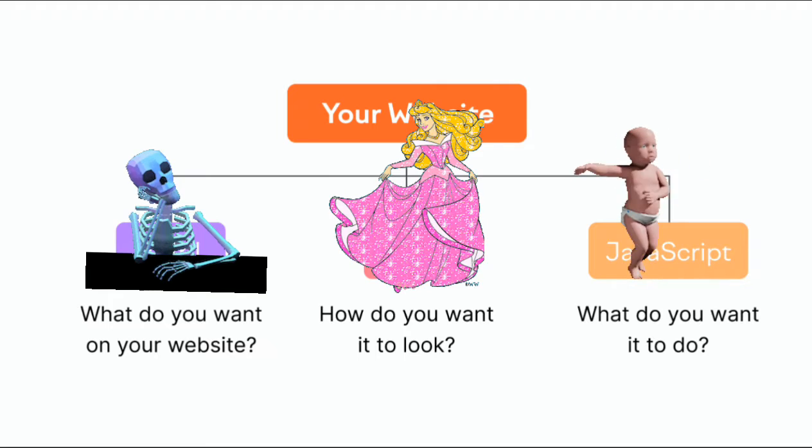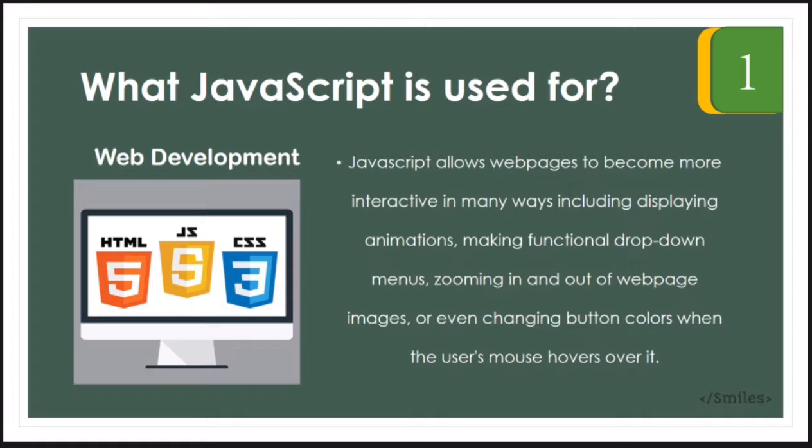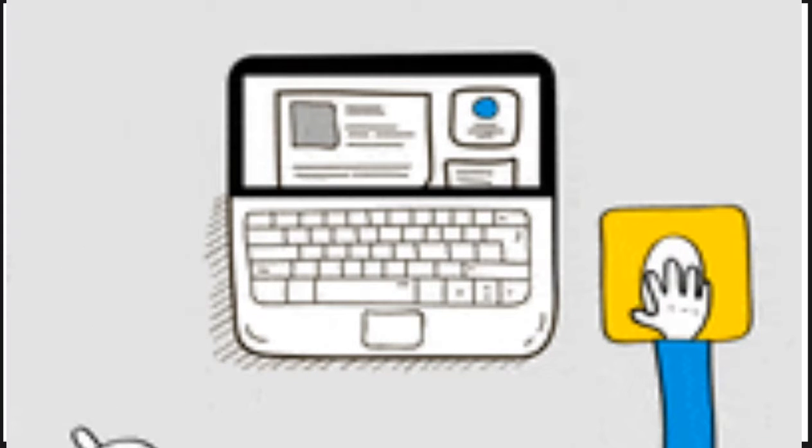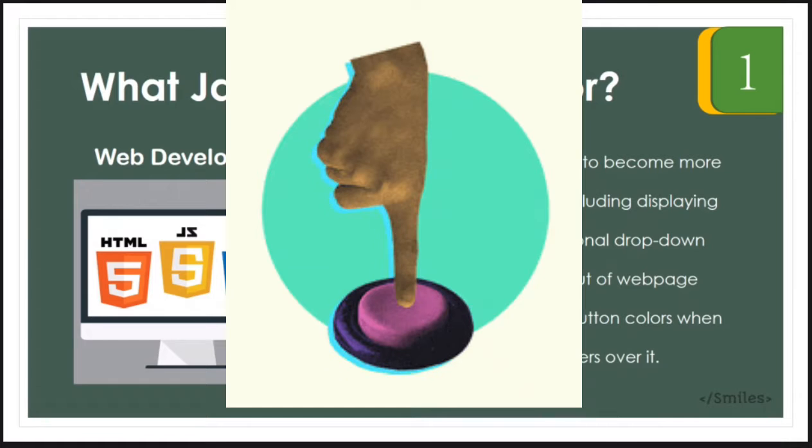So enough with the definitions. Let's move into what JavaScript can actually be used for. It can be used in web development. It allows web pages to become more interactive in many ways, including displaying animations, making functional drop-down menus, zooming in and out of web pages and images, or even changing button colors when the user's mouse is over it.